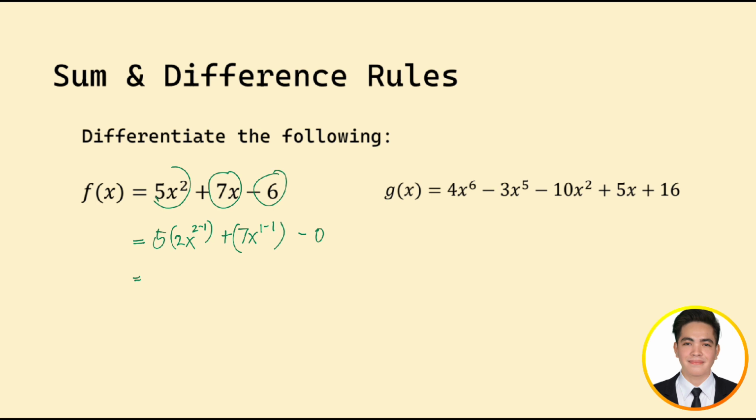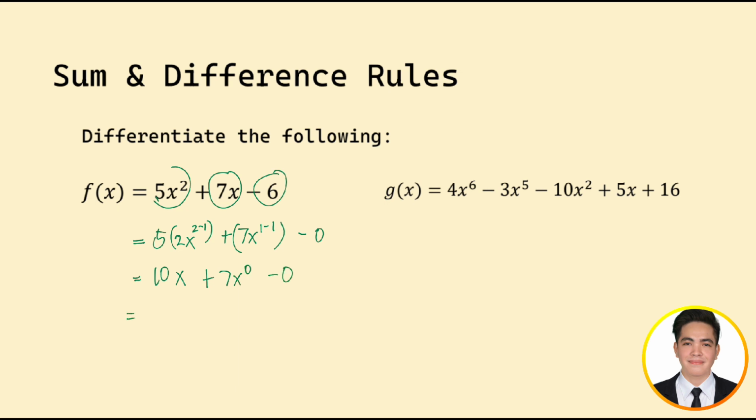So this is 0. The next one. So next, we simplify 5. So 5 times 2 is 10. X 2 minus 1 is 1, so we don't write 1. Plus 7 x 0 raised to 0 minus 0.